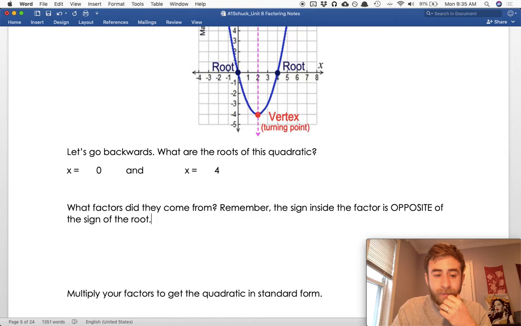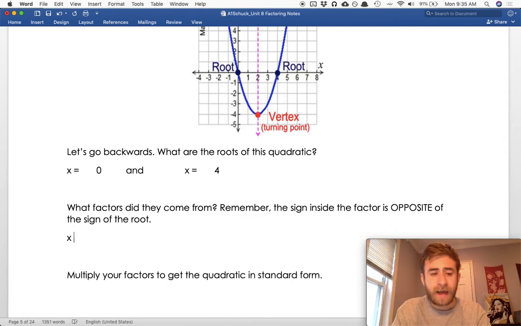So I could say, well, I know that this has to be x minus 0, and then the other factor is going to be x minus 4, and I know that because the signs are the opposite, right?